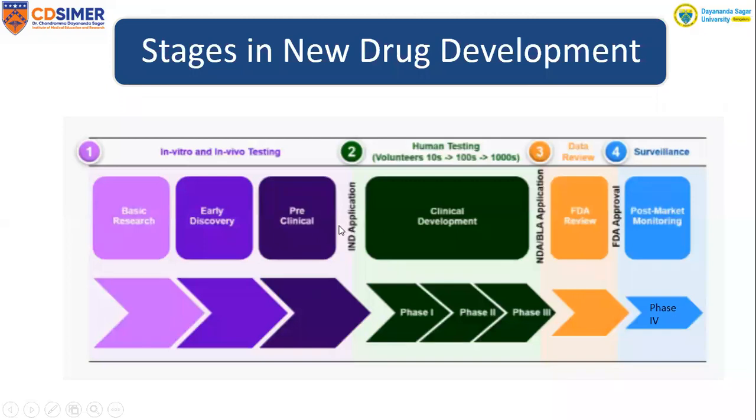You can see here there is something called the IND application. Okay, IND application means investigational new drug application. Once it successfully passes through basic research, early discovery, and preclinical testing, an application will be made to the regulatory agency saying that we have invented this, and they will get a patent for this, and they will say that we own this molecule, we would like to develop this.